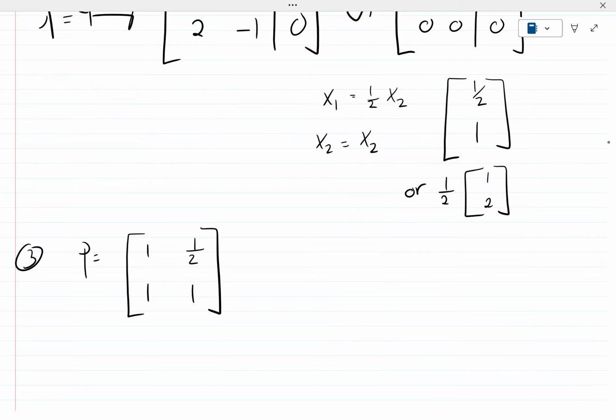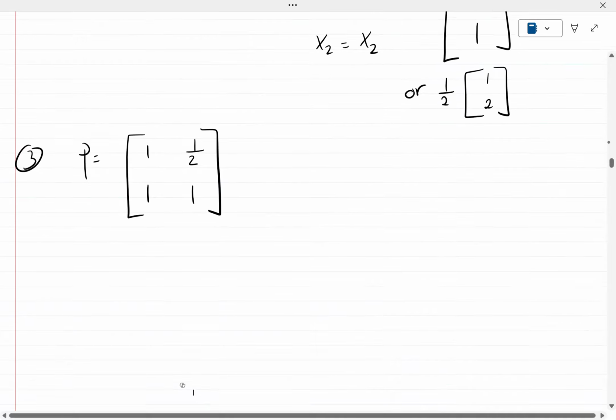Step 4, find D. So what is D? It's your lambda values. So D is going to be, our lambda was 5 and 4, and so you just make the others 0, the off-diagonal 0.